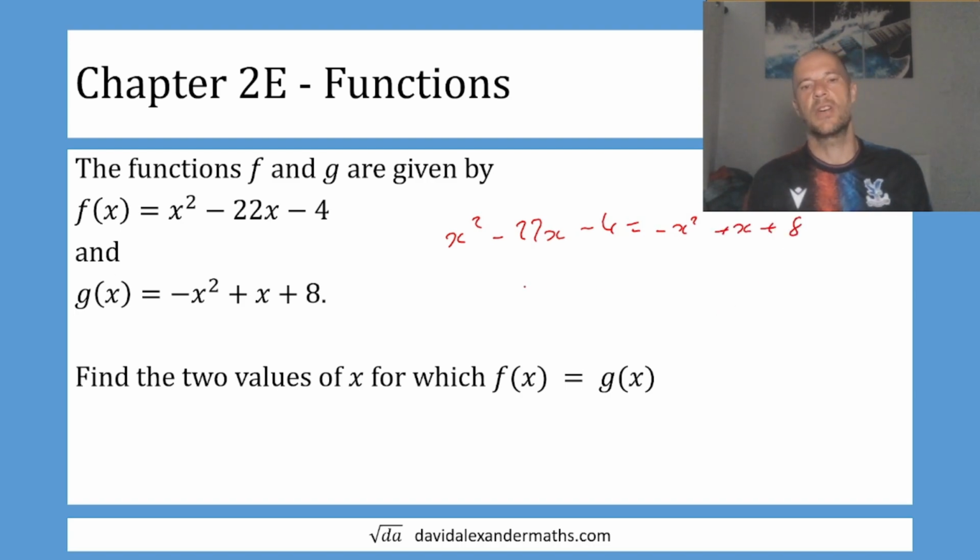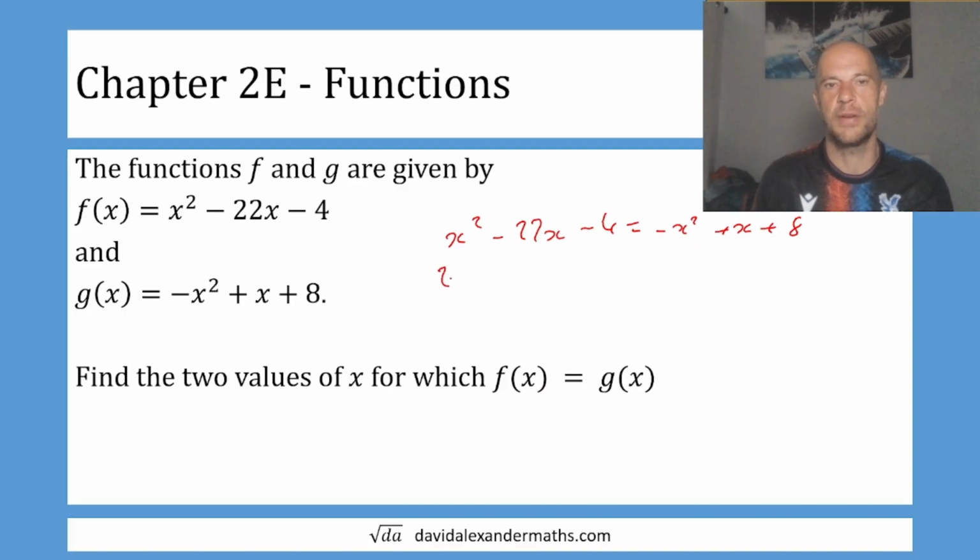Okay, so we've got an x squared here, so to solve it I need to make it equal 0. I don't want it equaling negative x squared plus x plus 8, so I'm going to add an x squared to both sides. I'm going to subtract an x from both sides, and I'm going to subtract 8 from both sides. So the only way I'm getting a 2x squared is a 2x and an x.